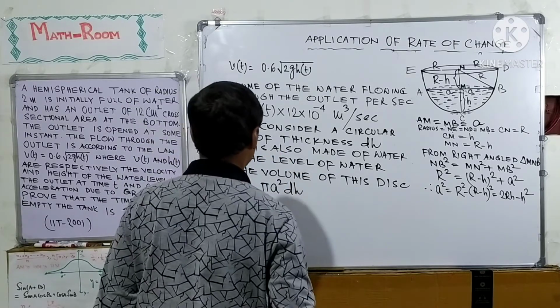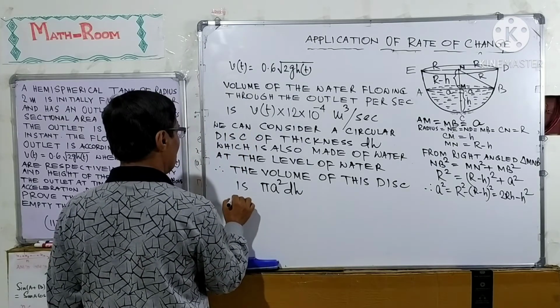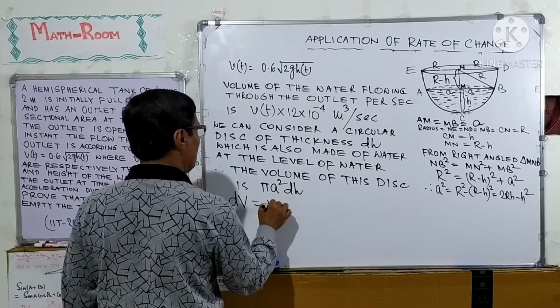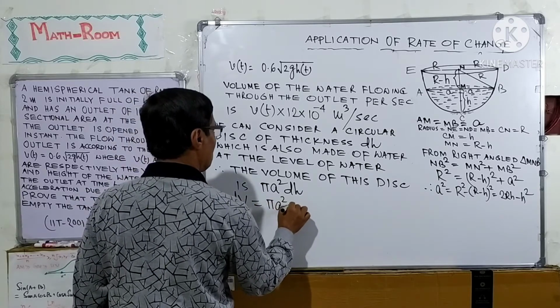This is the elementary volume, that is we can write as dV equal to pi s square dh.